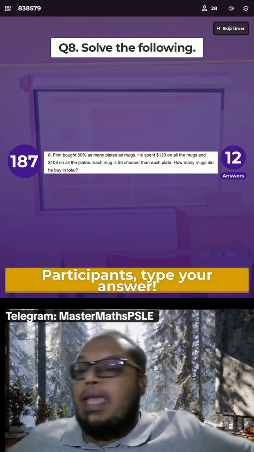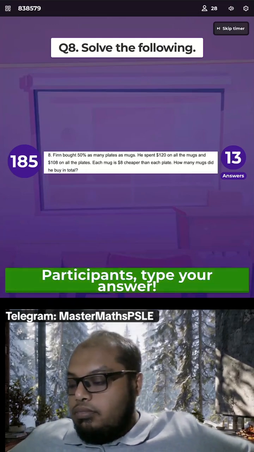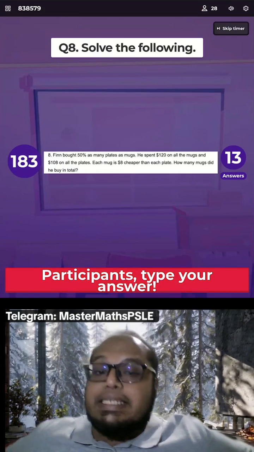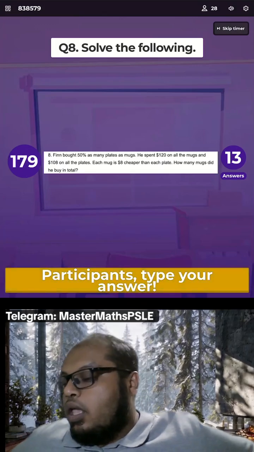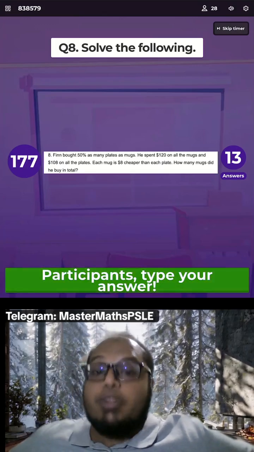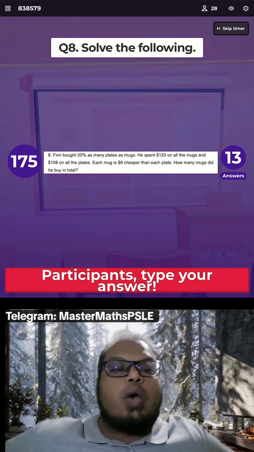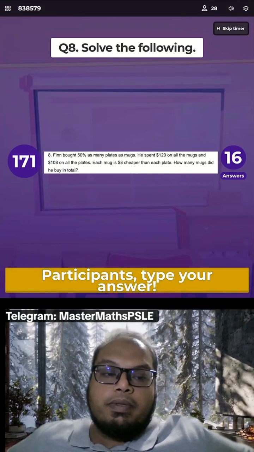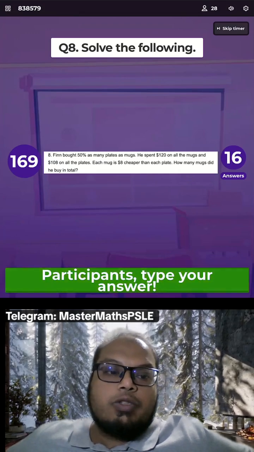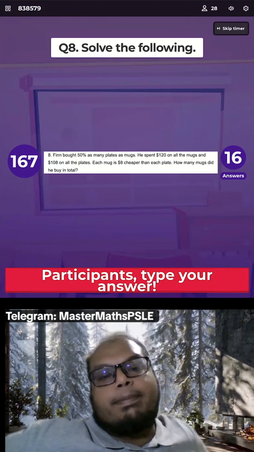If you can make the amount the same, would it be easier to calculate how many marks he bought in total? So how do you make the amount the same?